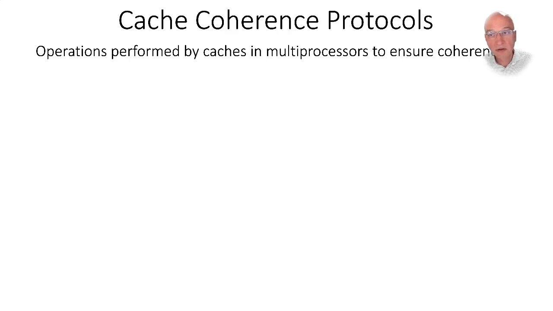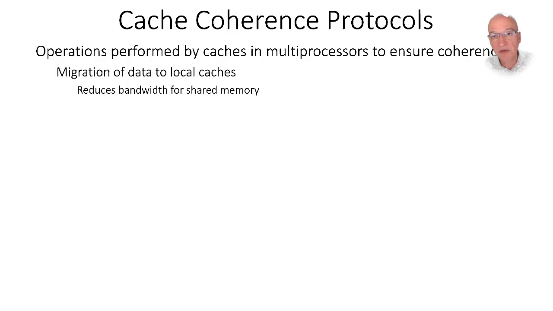Cache coherence protocols are operations performed by the caches in multiple processors to ensure that we have coherence in a machine that has multiple processors. The idea is that data can migrate to the local caches, or migrate between caches, in order to reduce the bandwidth needed to access the shared main memory.